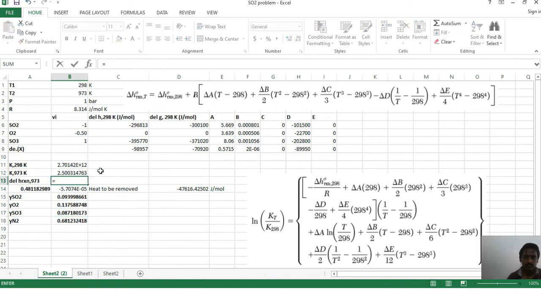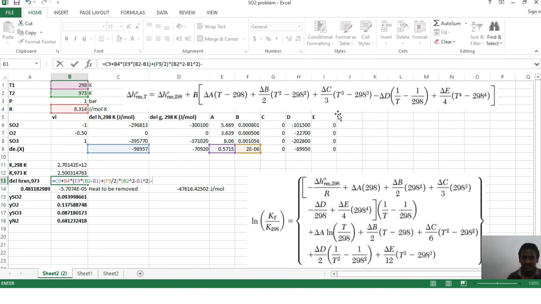That is equal to del H reaction at 298 Kelvin plus R multiplied by open bracket del A multiplied by bracket 973 minus 298 close bracket plus del B divided by 2 multiplied by T square minus 298 square, plus del C is 0 and del E is 0, let us neglect those.